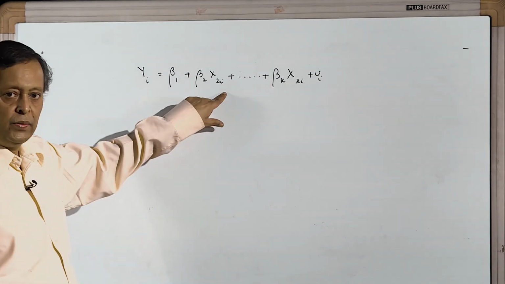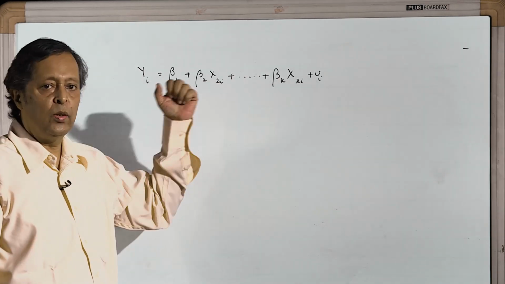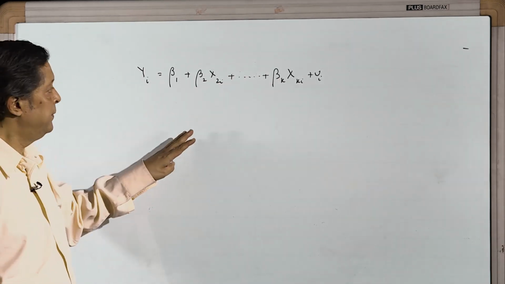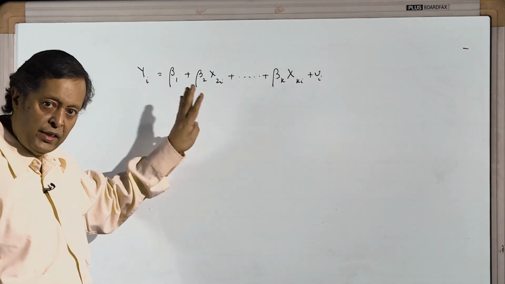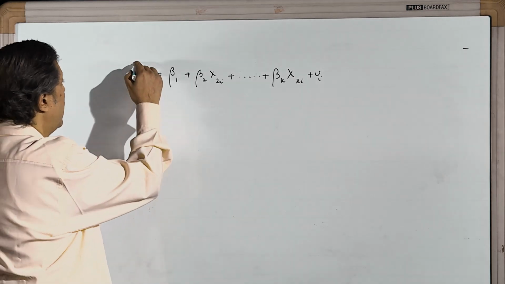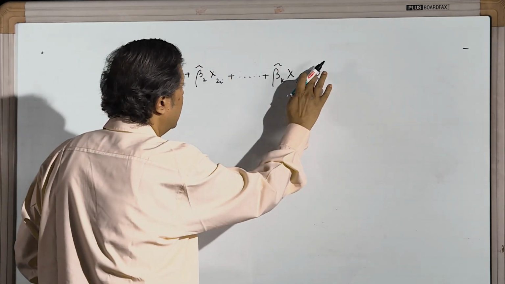This may be GDP, this may be something else. So, these are different units, and even if these are statistically significant, that means even if this is the estimated model, so that we have y I hat equal to beta 1 hat, beta 2 hat up to beta k hat.